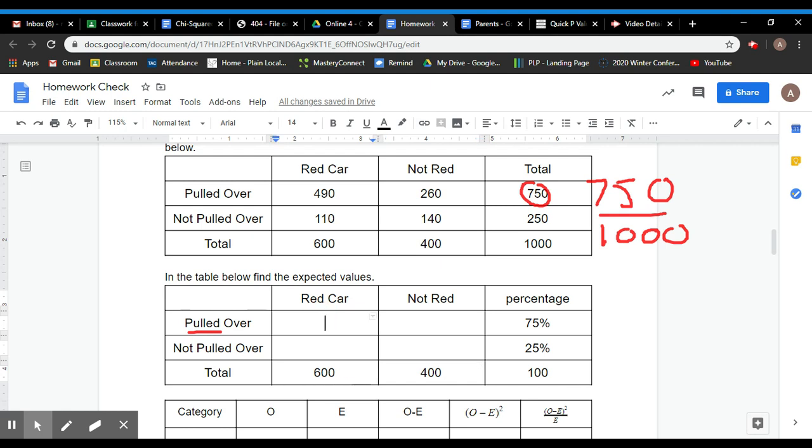Now I need to find the expected value of red cars who were pulled over. Well, to do that, you just take 75% of 600. Okay, you kind of do like the intersection. So 75 and 600 gives you this box right here. So 75% of 600 is 450.